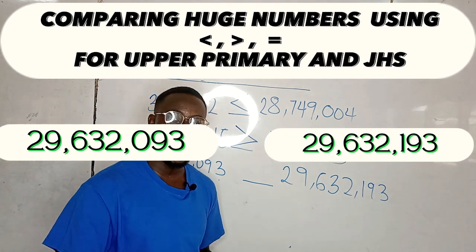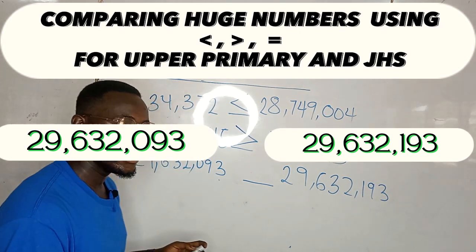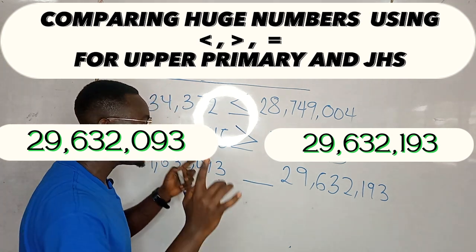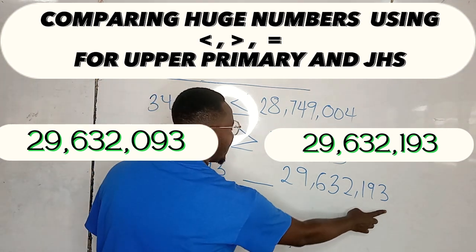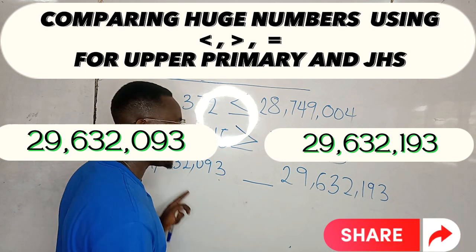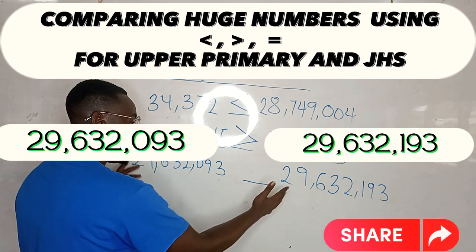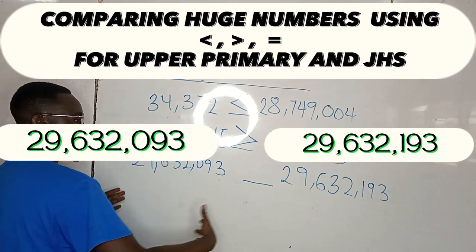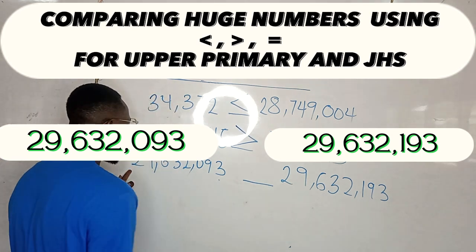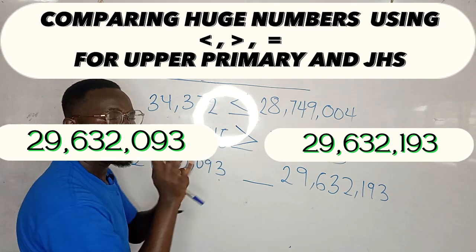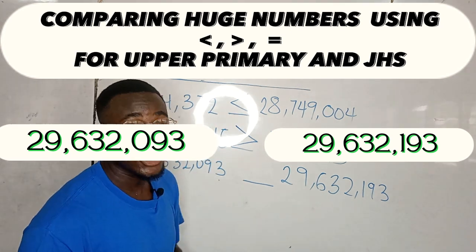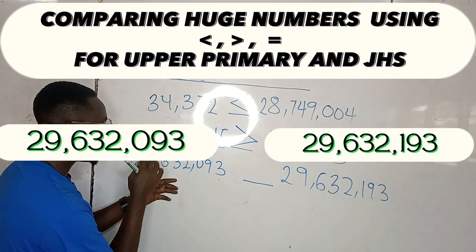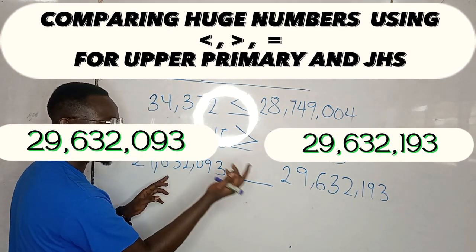Okay, let's go on to the next thing. What is the next thing? The next thing is to start comparing the numbers. But remember, you don't start from the ones place value. No, you have to go to the farthest number. What number is over here? We have 29. We also have 29 over here. Are they the same? No, don't be too quick to conclude. Let's check out the other numbers. Here we have 3, 2. Let's check the other side.